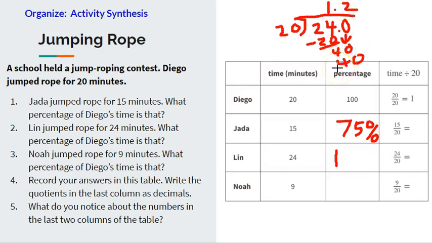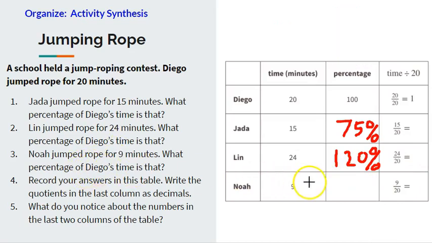So we have 1 and 2/10. Well, 1 and 2/10, or 1 and 20 hundredths, is the same as 120 hundredths, right? So that means that it's 120%. Remember that when we divide it out like this, we're going to multiply whatever we get here by 100 to get that piece.